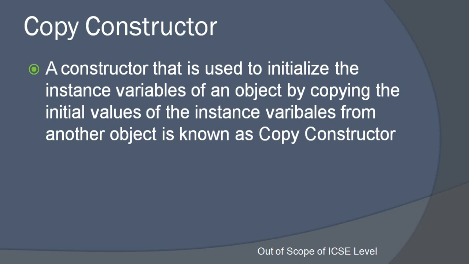You just need to know what a copy constructor is, that's enough. It is used to initialize the instance variables from another object. You already created one object, and you use that object to initialize the second object. Automatically it will have the same values, so two objects with the same values will be created, right?